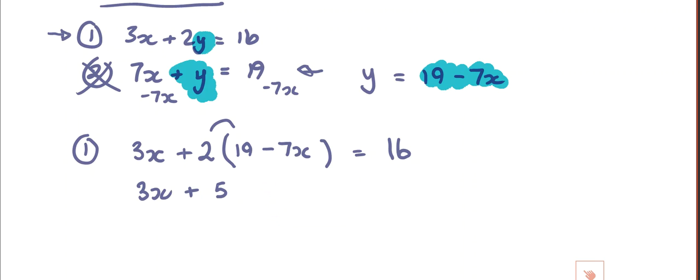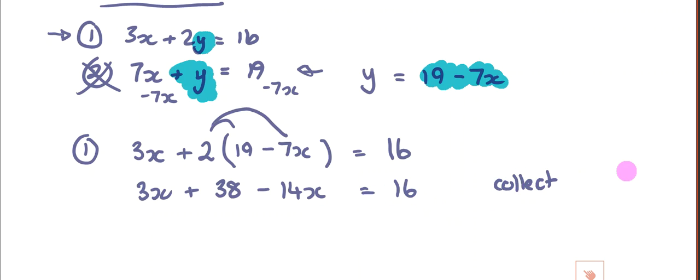Good, thank you. Just checking that people are awake. So 2 times negative 7x is minus 14x equals 16. Now what do I do? Collect like terms. So we add the x's. So we've got 3x and what does that become? Negative 11x.